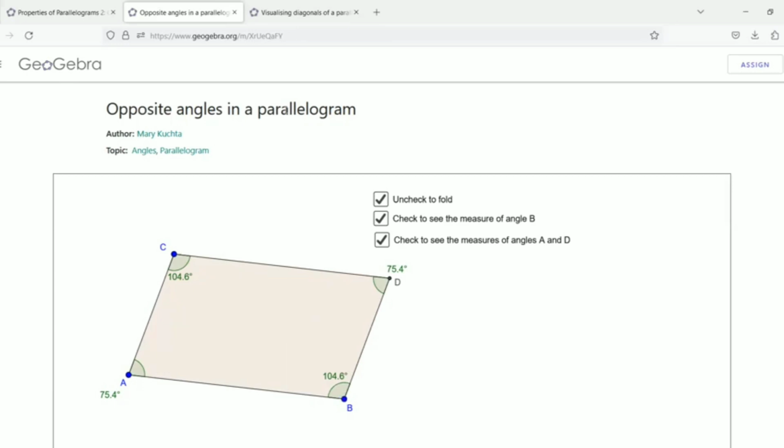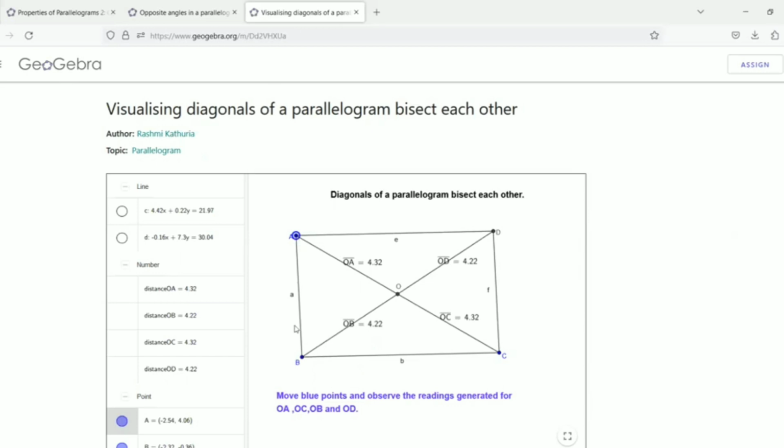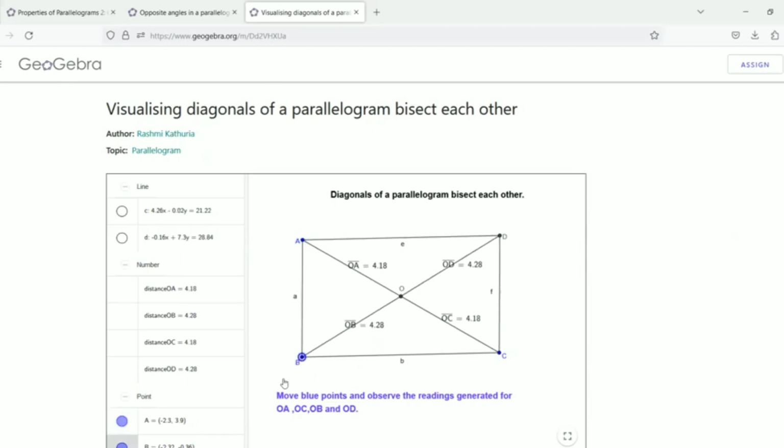To visualize the third property, diagonals bisect each other. Over here, again, ABCD is a parallelogram. What is the measure of OB? It is 4.27. So the measure of OD is also 4.27. Let me change it. Look.